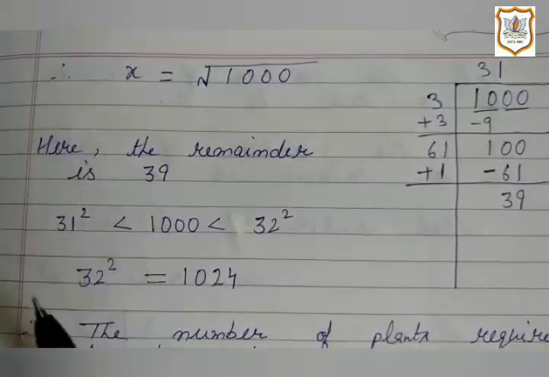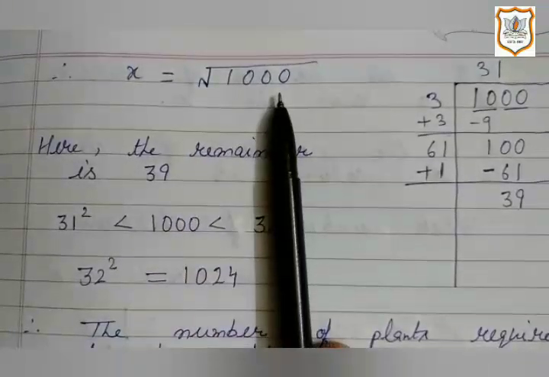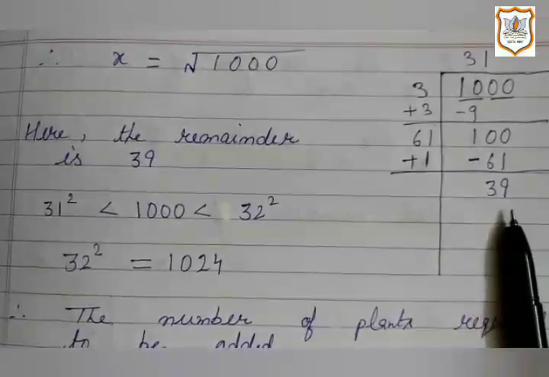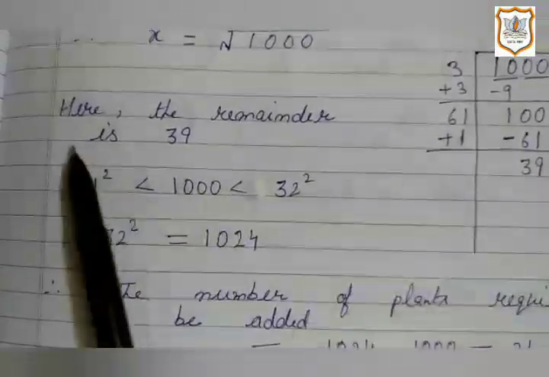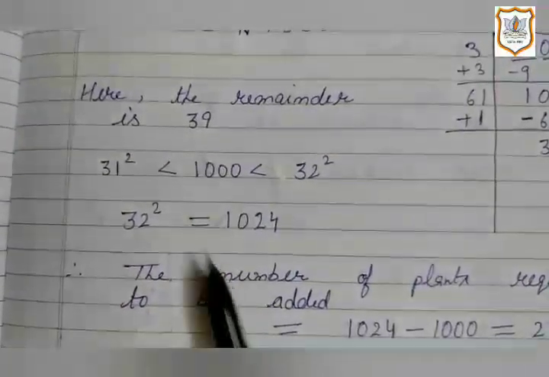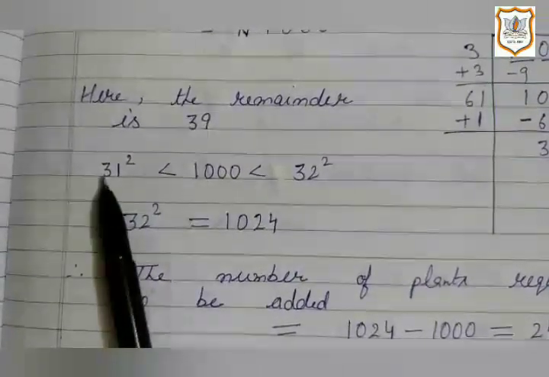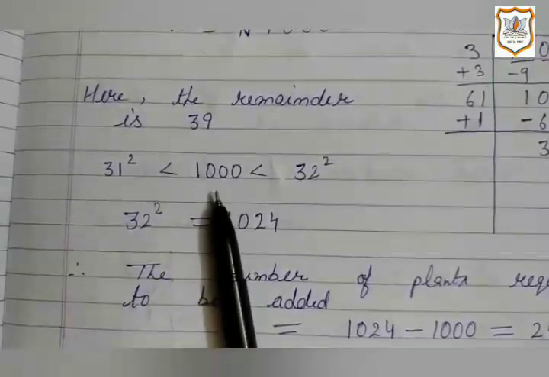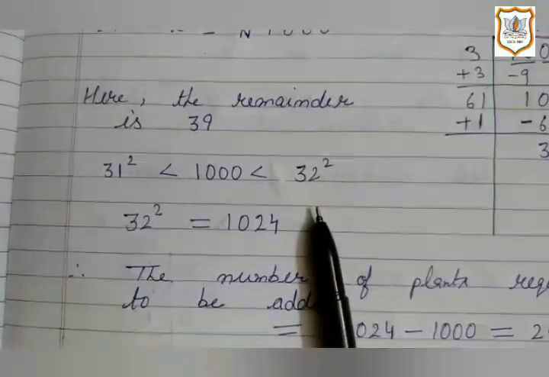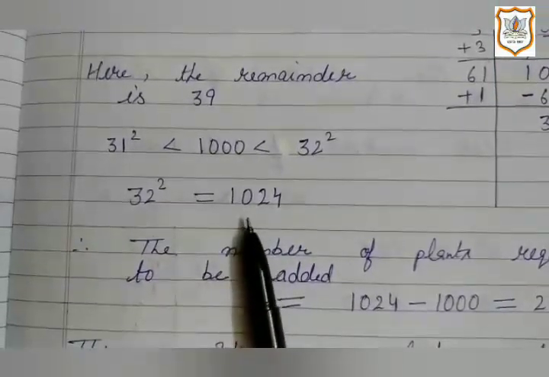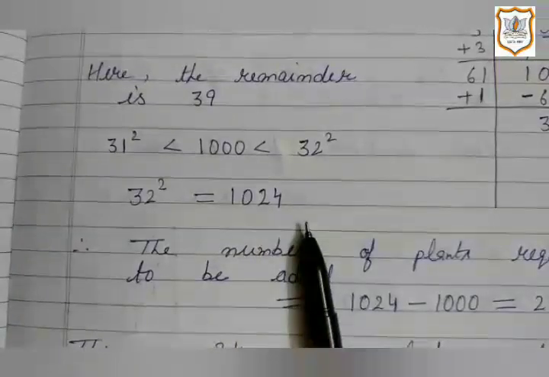Now we find square root of 1000. We find square root of 1000 by division method and we get 39 as a remainder. So we write here the remainder is 39. Now look here. 31 square is less than 1000 and 1000 is less than 32 square, because 32 square is equal to 1024.